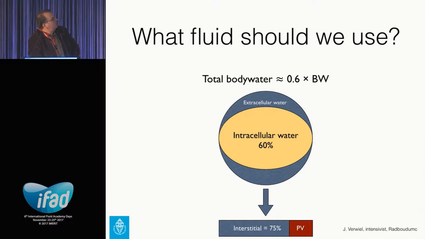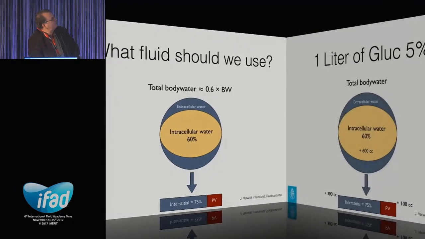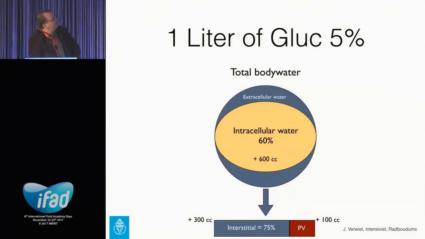Okay, so when it's about fluids, what should we choose? When we, for instance, choose glucose 5%, then for 1 liter, 600 milliliters will go to the intracellular water space, where we certainly do not want to have extra fluids. Cells will explode and will die. 300 of this is going to the interstitial space, where we will get edema, and that's also not what we want.